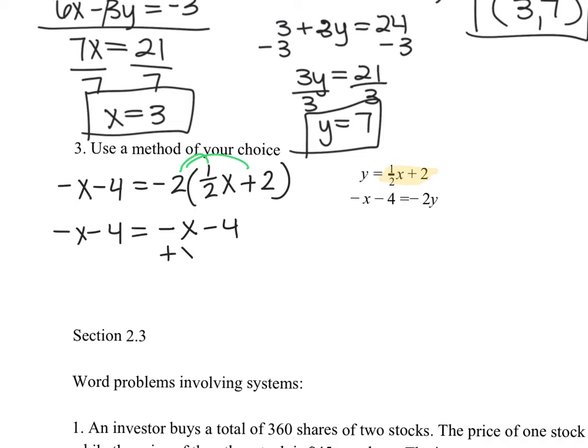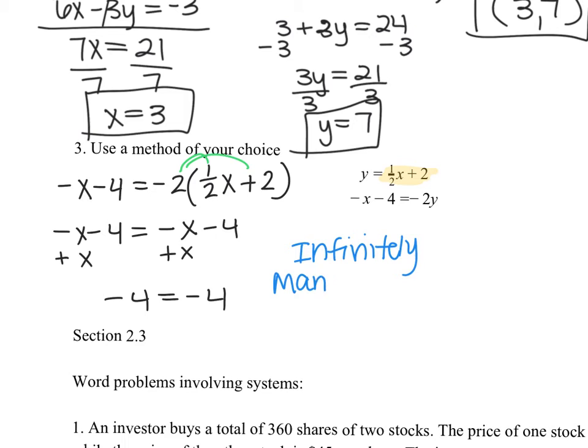If I were trying to solve for a variable, I would be adding x to both sides, and I'd end up with -4 equals -4. So my variable cancels, and I have a true statement. This is an example of infinitely many solutions.